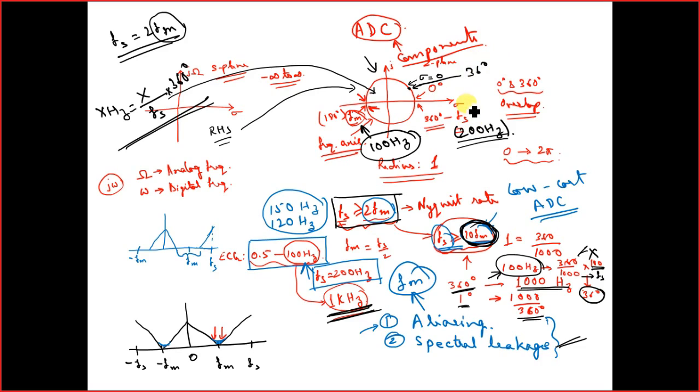Now, if we are sampling the signal at 1000 hertz, our 100 hertz is appearing at a much lower angle, within this very small area. So this is called frequency compression.